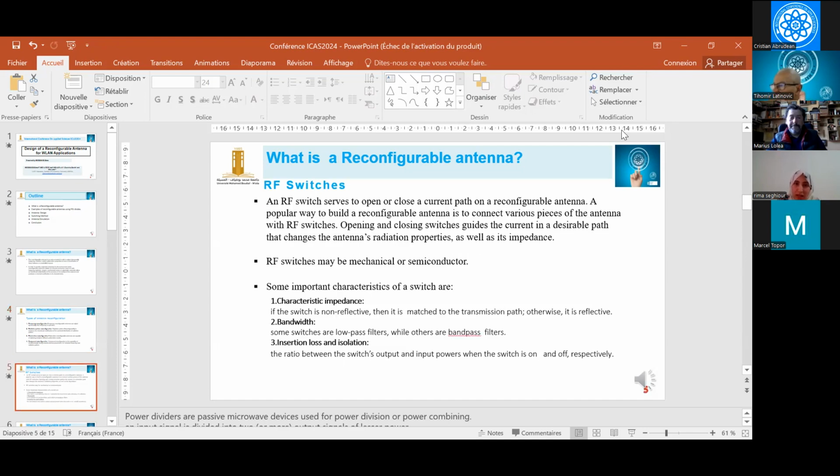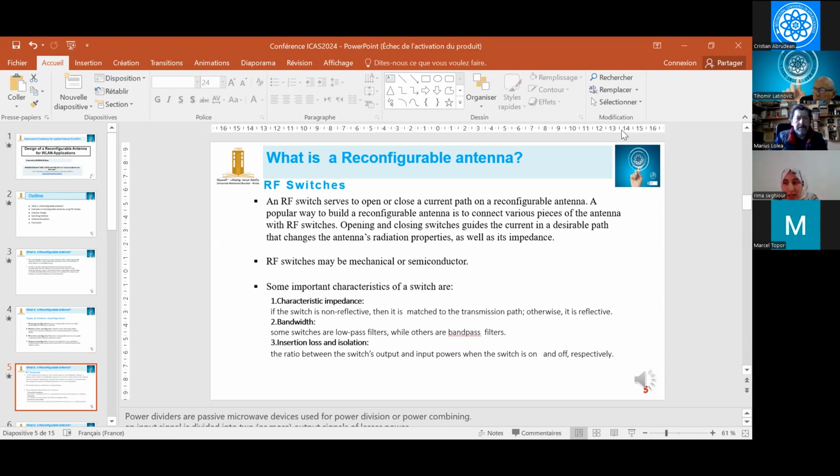In the second part, among the reconfigurable frequency topology, RF switches. A common method for constructing a reconfigurable antenna is to use RF switches to connect the different parts of the antenna by opening and closing these switches.